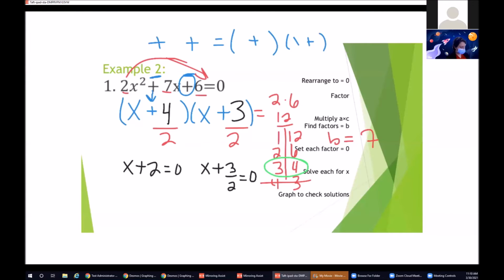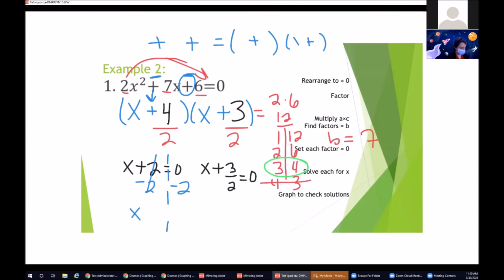What are we going to do on the first one to solve for 0? So what do we do here to get x by itself? It says x plus 2. Subtract 2 to both sides.